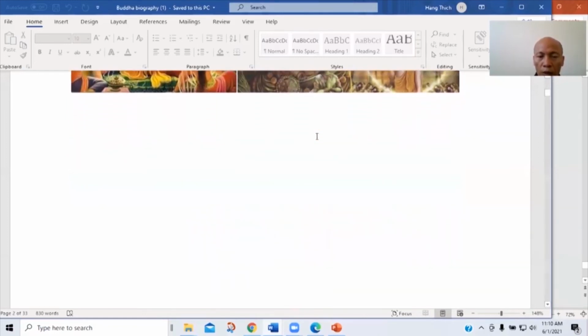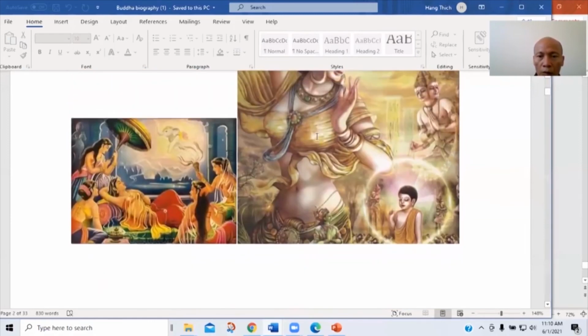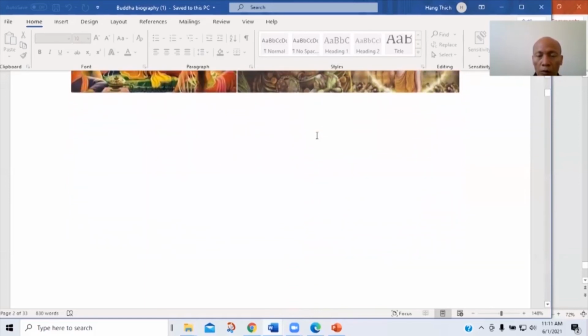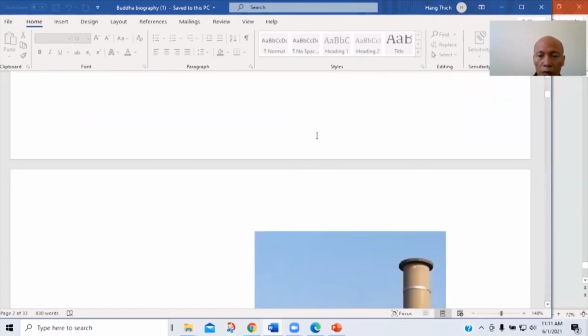All of them said that the future prince would become what they call a wheel turner, that means a great king. But only one mentioned that later on he would let go of his luxurious life as a prince to seek the truth, and eventually attain Buddhahood, to become Buddha.